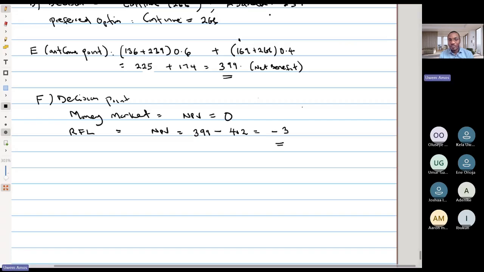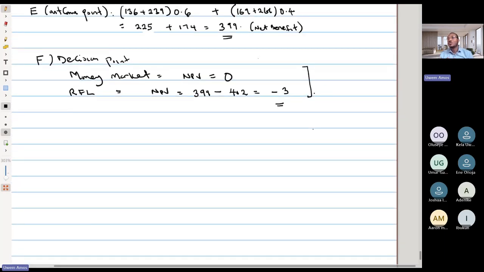So guys, this is the decision. Do we invest in money market or do we invest in RFL? Clearly, we shouldn't invest in RFL because it's a negative NPV.